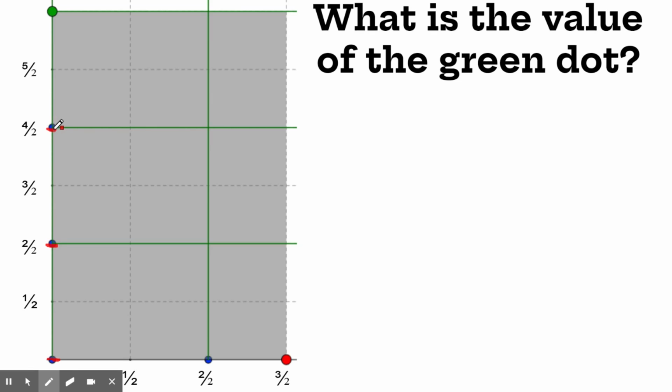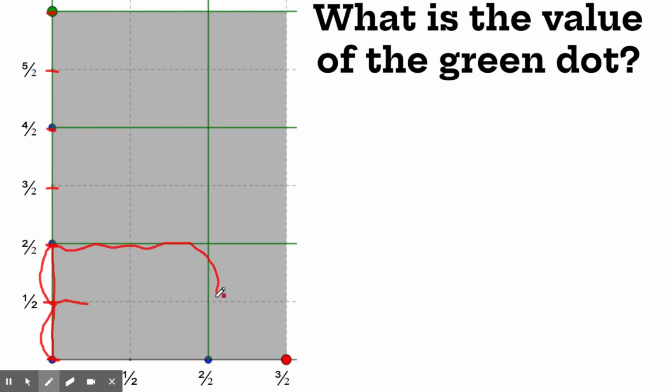From this blue dot to this blue dot is another whole, and all the way up to the green dot is another whole. So if I'm looking at this side, if this is a whole going this way, it's been split into two equal parts, right? Here's one jump, one half. There's two halves. This has been split into two parts. This has been split into two parts, right? So if I just do my jumps, that's 0 halves, 1 half, 2 halves, 3 halves, 4 halves, 5 halves, 6 halves.